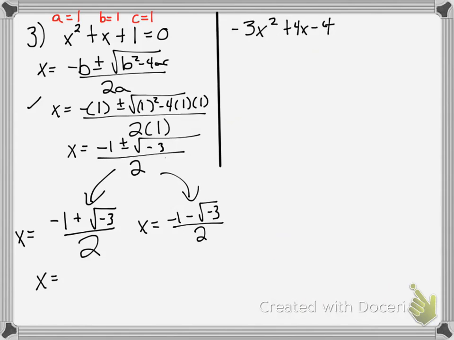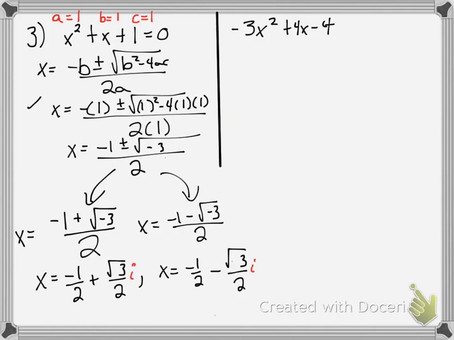So I'm going to start with negative 1 over 2 plus the square root of negative 3 over 2, and negative 1 over 2 minus the square root of negative 3 over 2. Now some of you might remember that whenever we take the square root of a negative, we don't want to do that. So I'm going to erase those negatives, and instead I need to put a letter i.